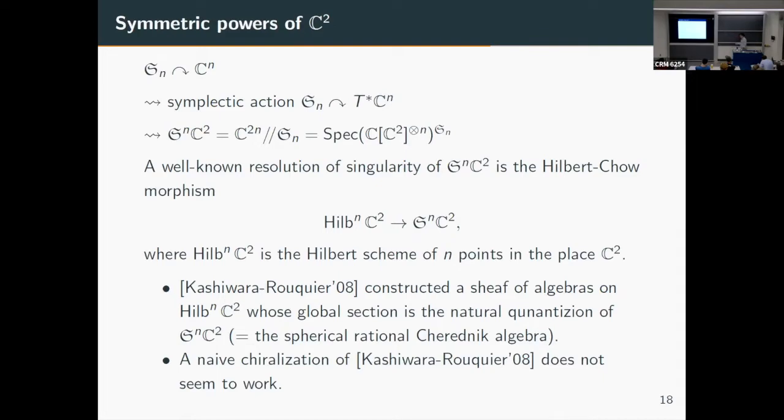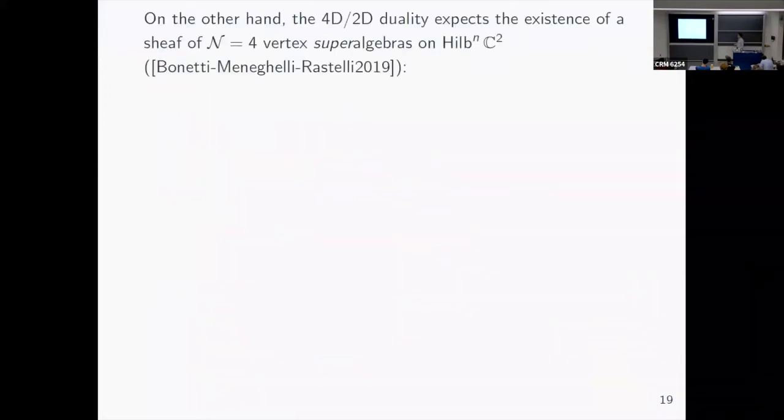But then 4D-2D duality appears, and they seem to expect the existence of a sheaf of vertex superalgebras on the Hilbert scheme of C^2. So the point here is you have to consider a sheaf of vertex superalgebras, not just vertex algebras. And this slight difference makes a miraculous difference.